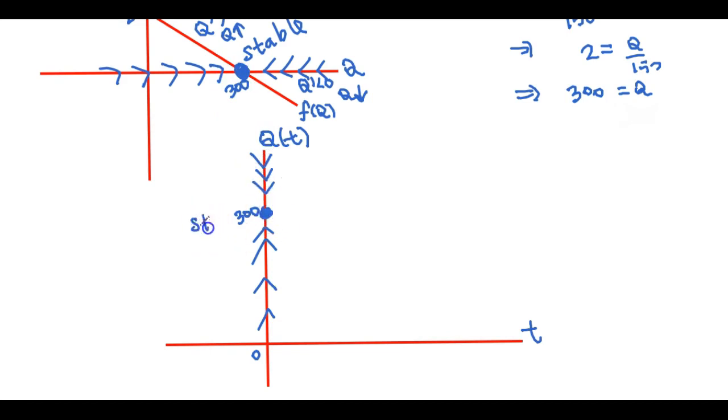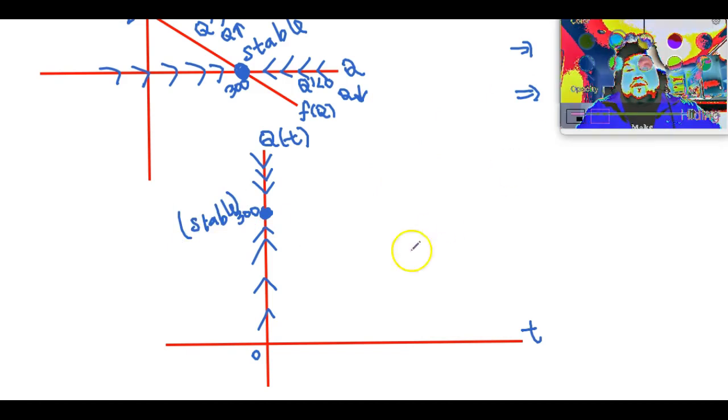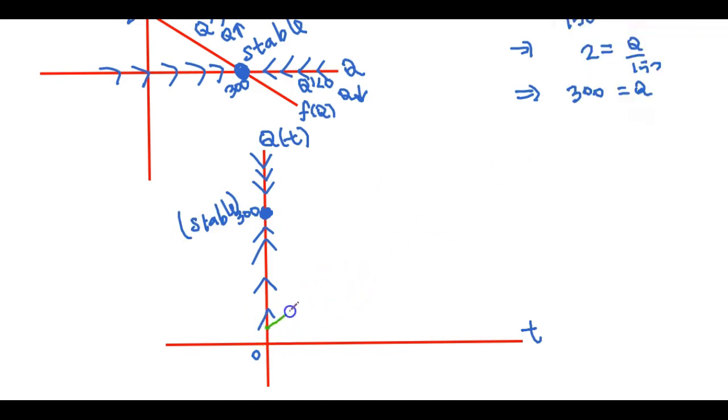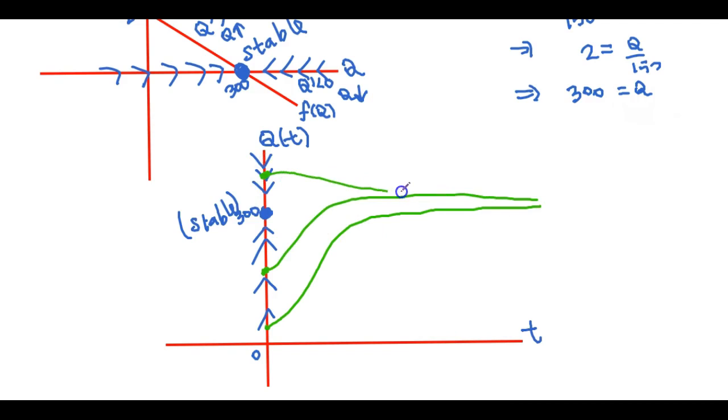So this is the idea of this point being stable, that the arrows are convergent to it. And so that means the time solutions are going to converge to that horizontal asymptotic level. So this would be one time solution for one specific initial condition for Q of t, and if we initialize somewhere closer to 300, then this would be how that other solution looks like, and if we initialize a little above it, then the solution is also going to converge to that level, and so on.